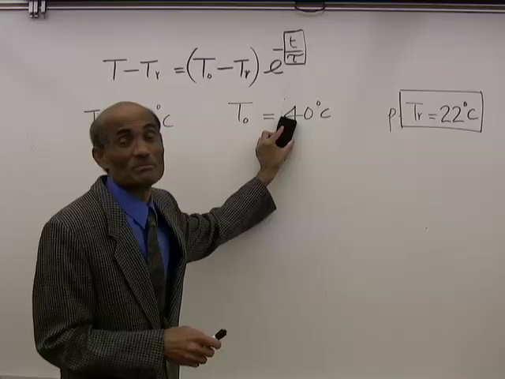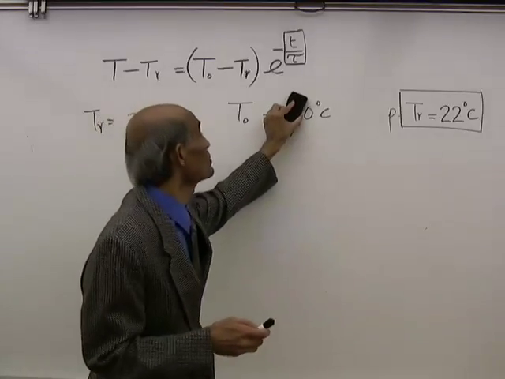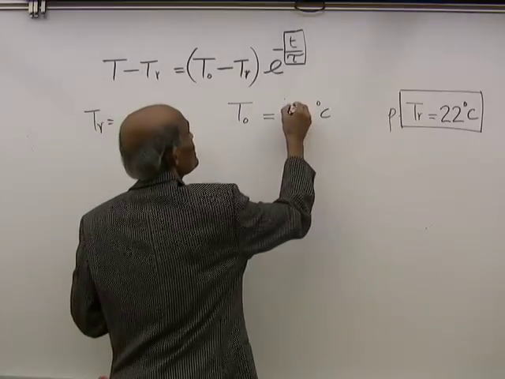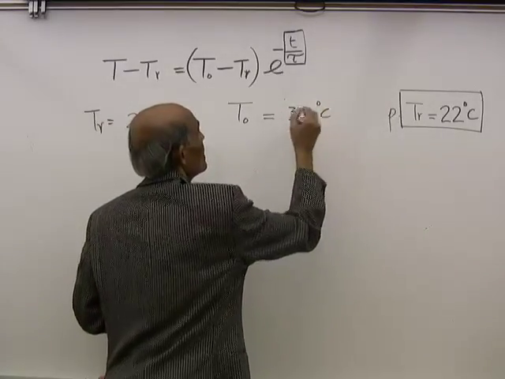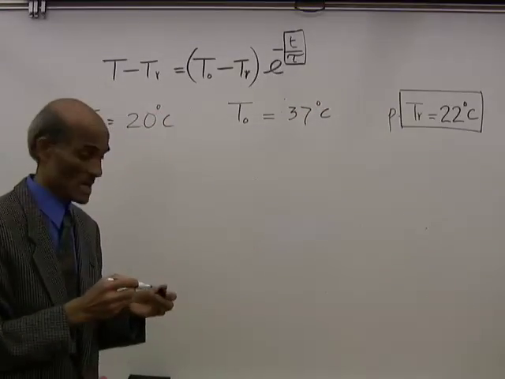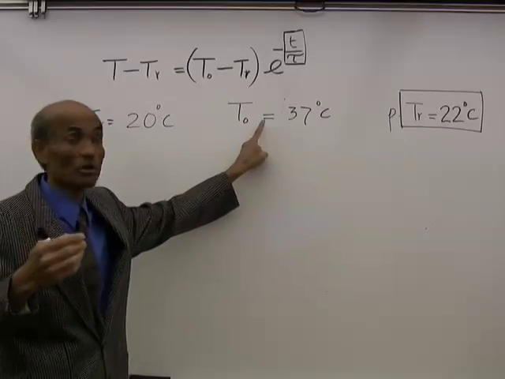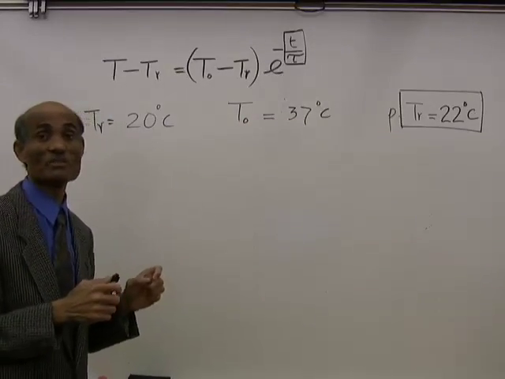He must have died of a very high fever. So let's go back to our 37 degrees. That is the temperature of a healthy human being. So at the time of death, when time is 0, the temperature was 37 degrees.